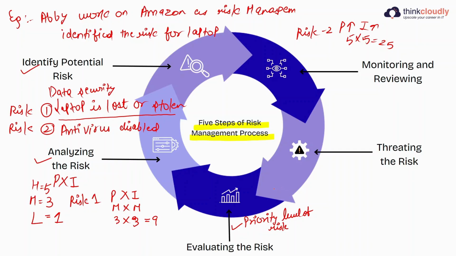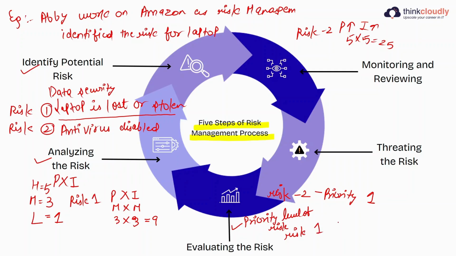And how do we do that? Depending upon the rating we received in step number 2. Risk number 1 has got the rating of 9, and risk number 2 has got the rating of 25. Of course, 25 is a higher value than 9, right? So in this case, I will tell my company to give priority 1 to risk number 2, because the risk rating is higher.